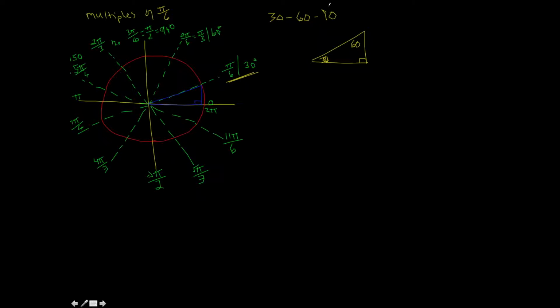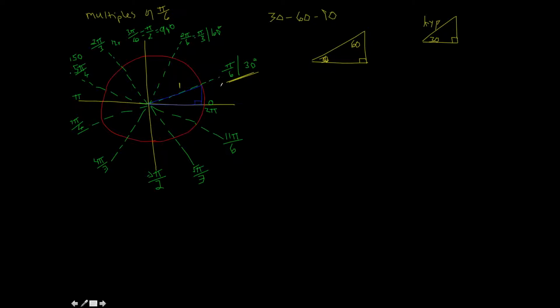Now, with the 30, 60, 90 triangle, like the one we have here in geometry, what we learned is that when you have a 30, 60, 90 triangle, the hypotenuse, if it's given like it is here, because we know what this hypotenuse is, we know it's 1 right here.